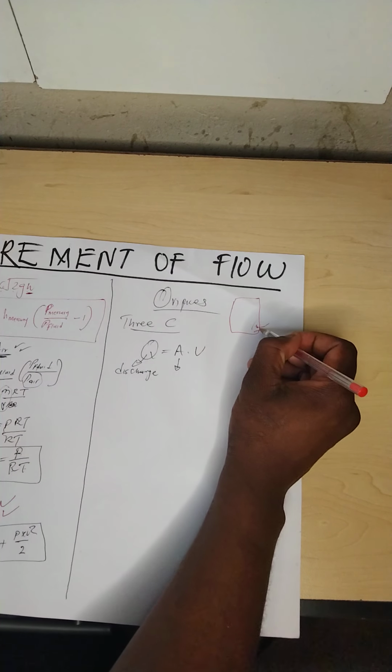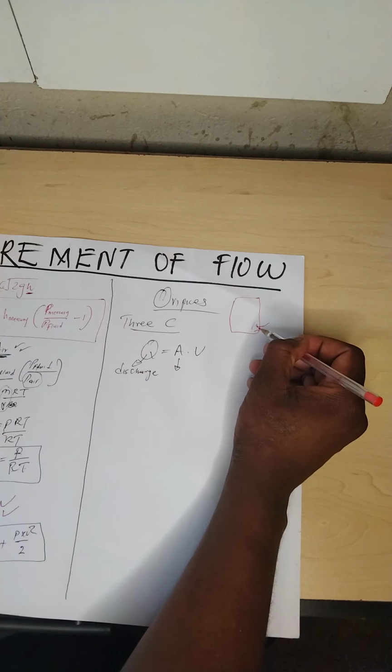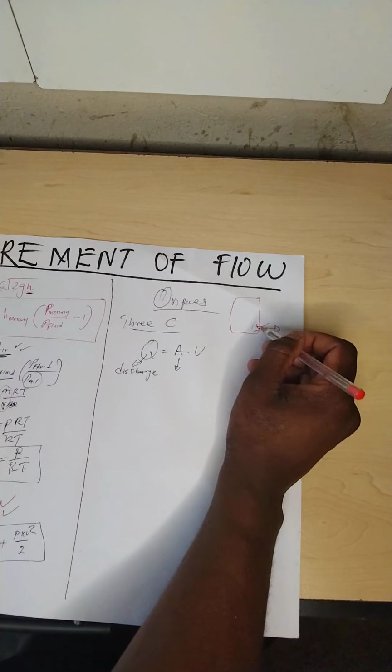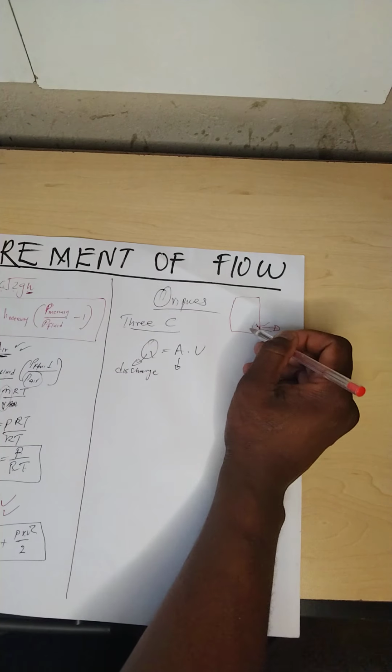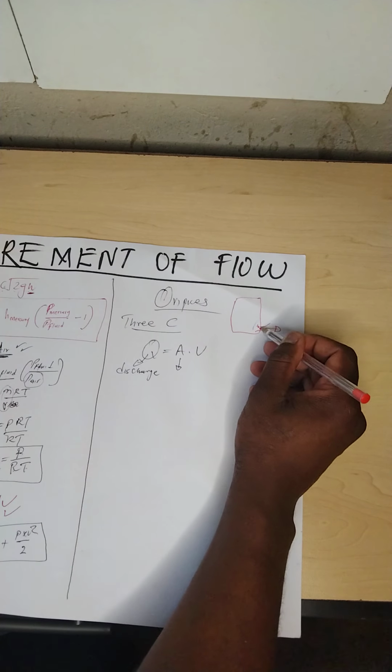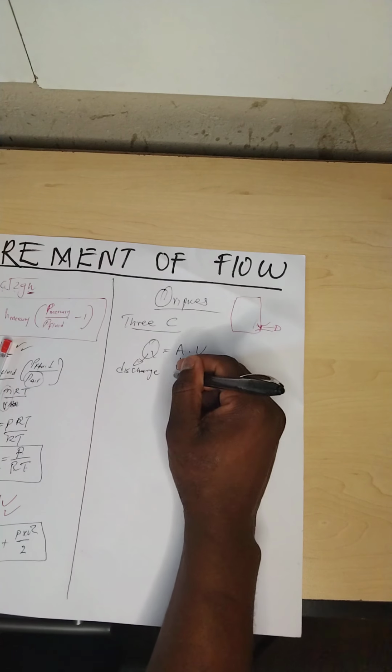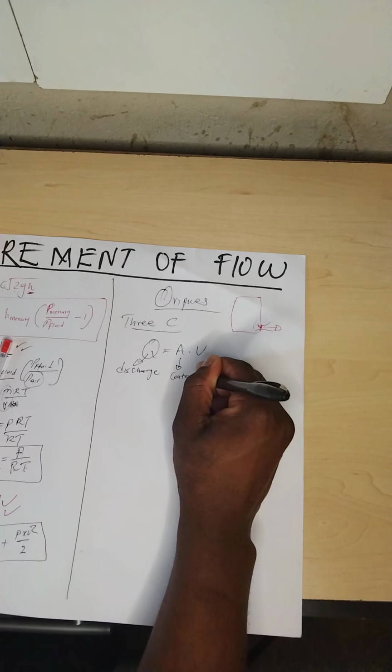At this point is our orifice. Then we look at how much fluid is being discharged. This is our Q, and at what area, which I call the contraction. So our area is your contraction.